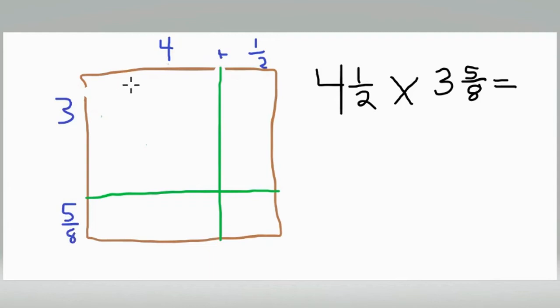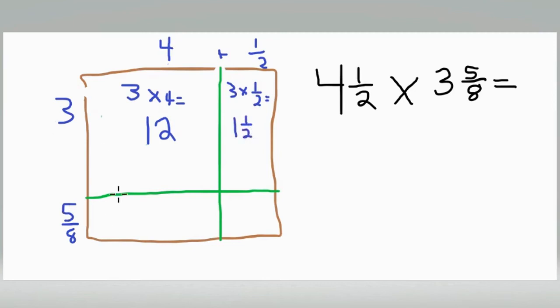So 3 times 4 is 12. And then I have 3 times 1/2, which is equal to 1 1/2.